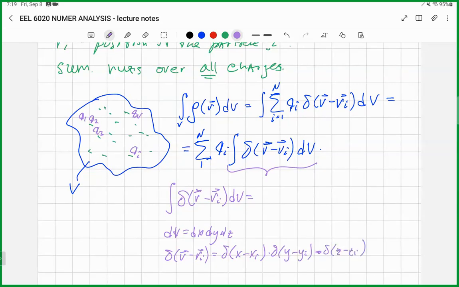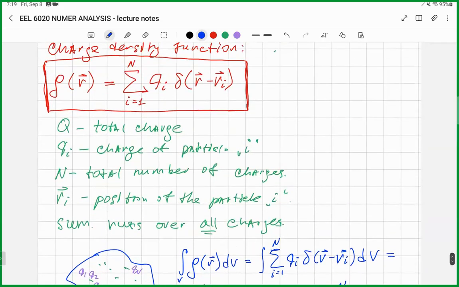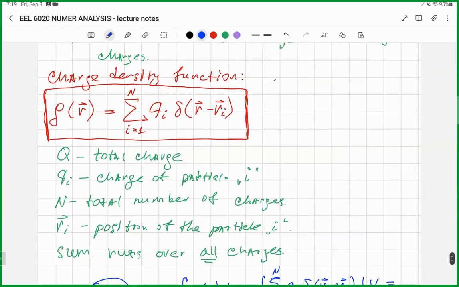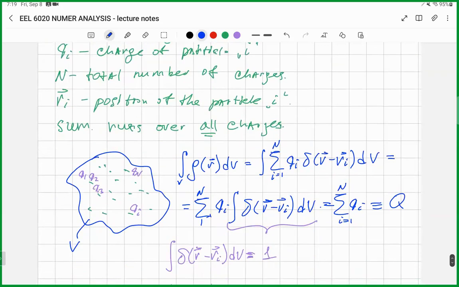So this integral is represented as a product of three integrals, and each of them is equal to 1, so the product gives us 1. The result is just the summation over all the charges in the system, which is equal to the total charge. So this representation of the system of charges through this function gives us a correct result.